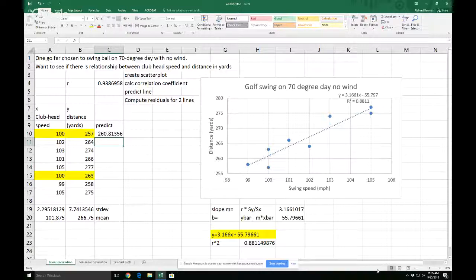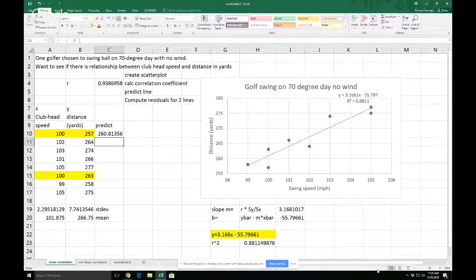So 12% could be how you hit the ball, maybe the ball type, maybe there was a puff of wind, maybe you hit a pebble. So there's reasons why. I mean, you can see two of these dots are right on the line, but a lot of times there's some variation going on here. Okay, so R squared tells us that this is a pretty good model. 88% of the variation is explained by the model. 12% is unexplained. Does that make sense?